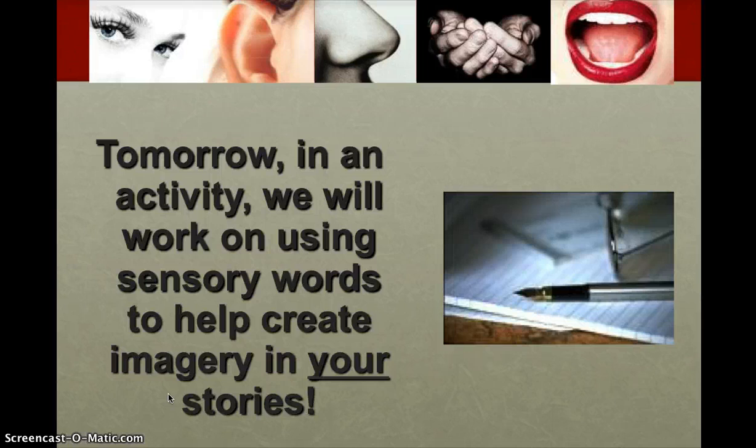We're going to practice a little bit more with some teams and have a little competition about creating imagery, and then how we can apply it to your own story so that you really create those vivid pictures for your reader, which adds interest, creativity, uniqueness, and power. You don't want your story to sound like anybody could have written it, especially a second grader. We really don't want that. So how do we take simple sensory words and use them to help create imagery in your stories?